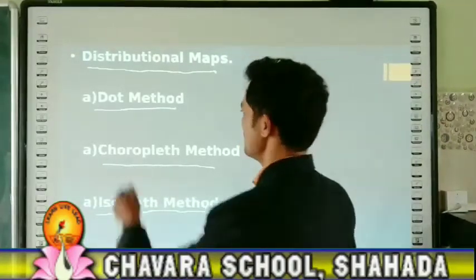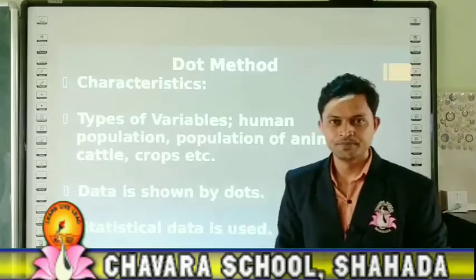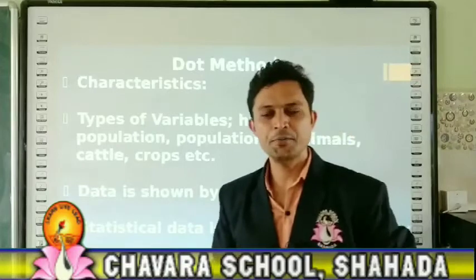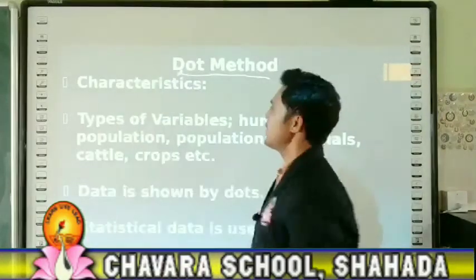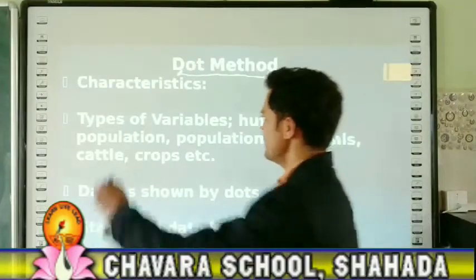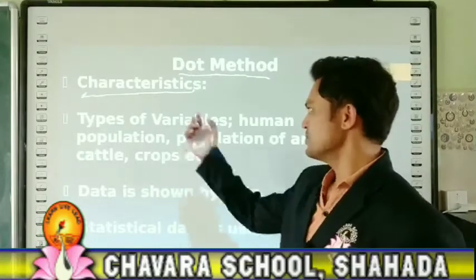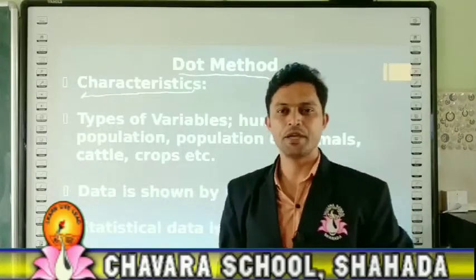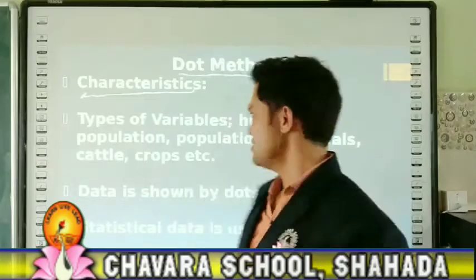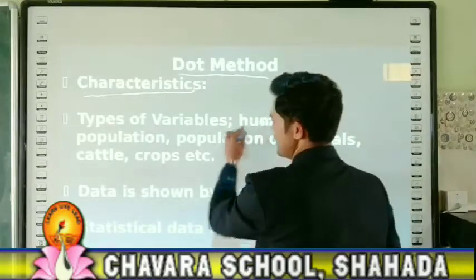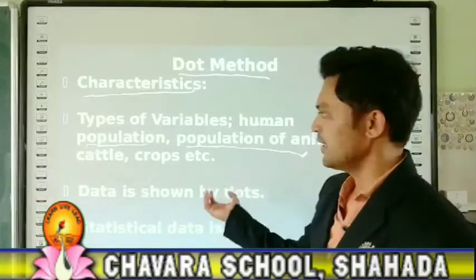So let's go for the dot method. Let's see how to prepare the distributional map using this dot method. While using this method, we should think about some characteristics, like the types of variables. Which types of variables can be shown using this dot method? We can show the human population, animals, cattle and crops.